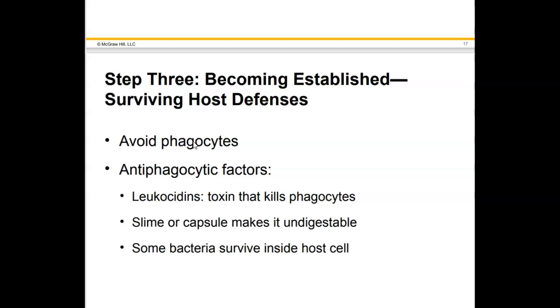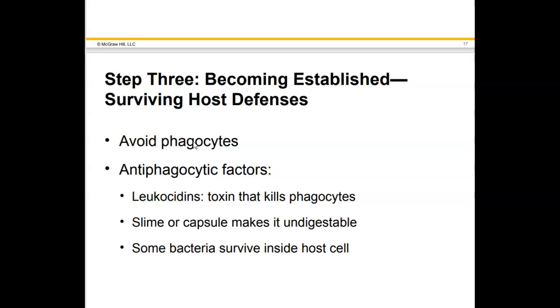And even if they are engulfed, it blocks the fusion of vesicles that have digestive enzymes inside of them with the vesicle that has the pathogen inside of it. That keeps the pathogen whole inside of that phagocyte.